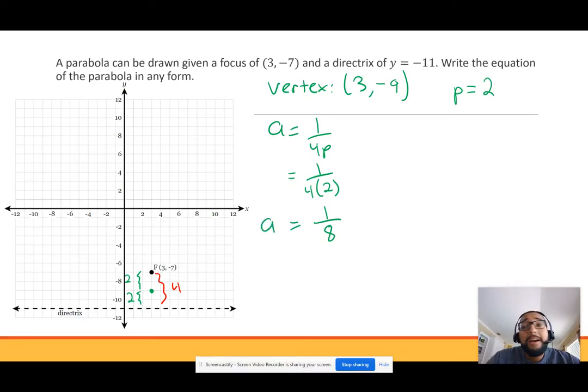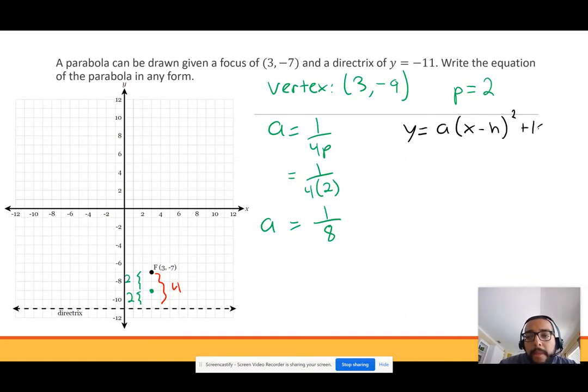And then finally, plug in everything you know into your vertex form. So if I gave you a vertex form of y equals A(x minus h) squared plus k, we can plug in an A value of 1 over 8.